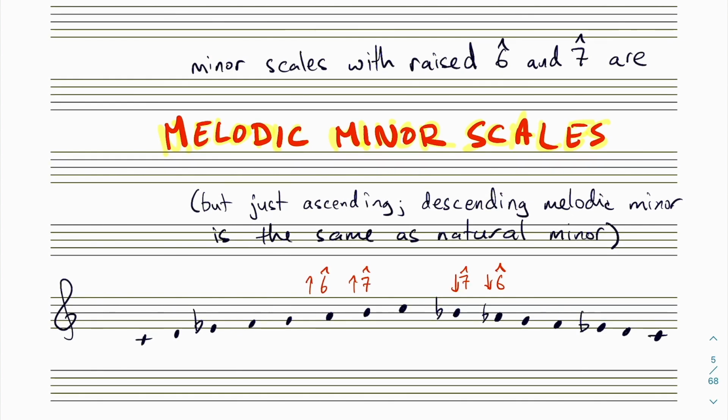And that's because when you raise things, they tend to push the melody upward. And when you lower them, they tend to bring the melody downward. So the melodic minor scale is reflecting those melodic tendencies for raised notes to go up and lowered notes to go down. So in other words, the melodic minor scale has that raised 6 and 7 going up and then is just like the natural minor scale going down.